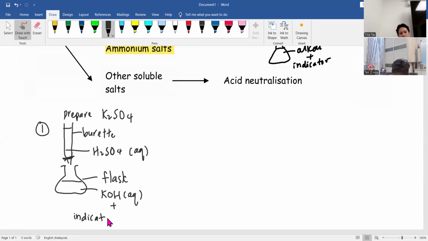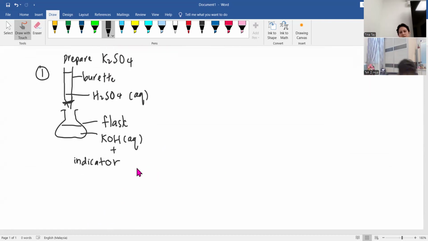An example of an indicator I can add is, what's an example of an indicator? Methyl orange.